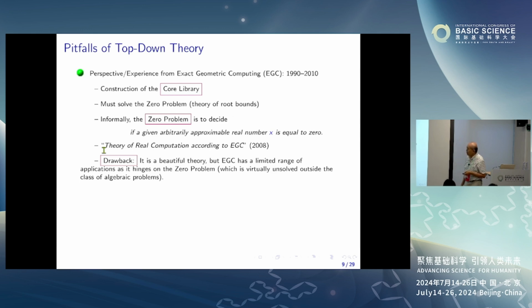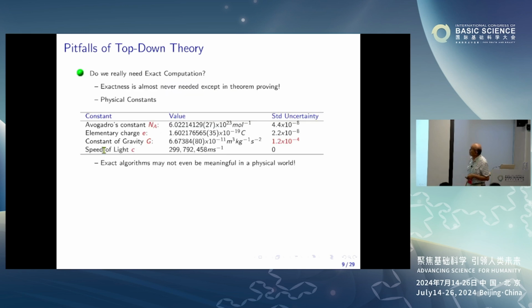But really, most of the work in computer and numerical algorithms is outside the realm of such approaches. So about 10, 15 years ago, I switched. And one thing that I realized is that we don't really need exact computation.